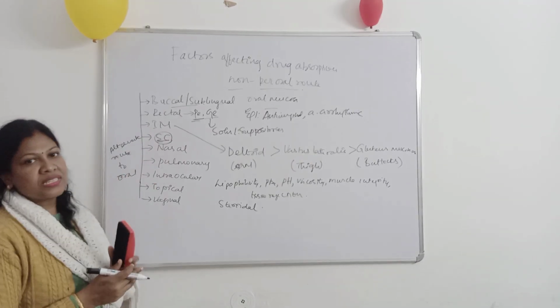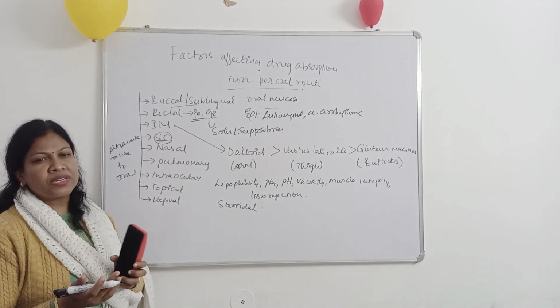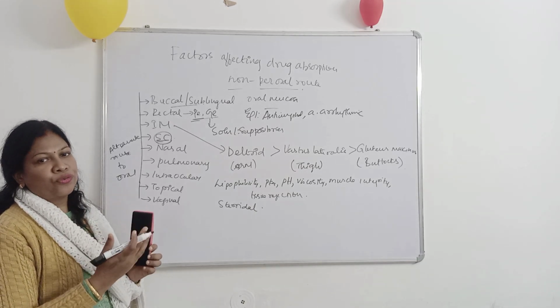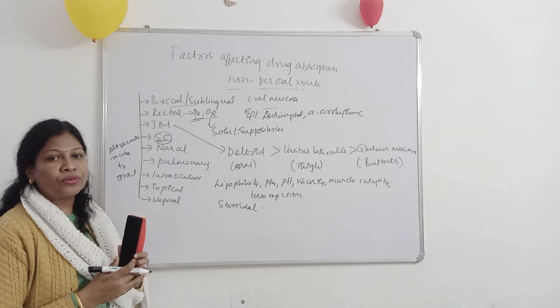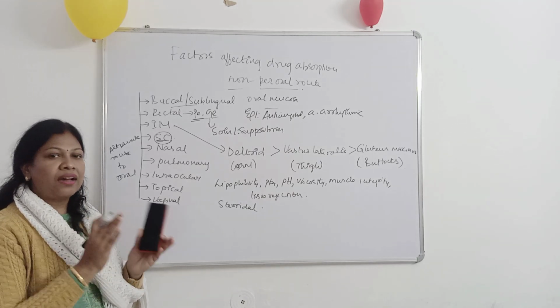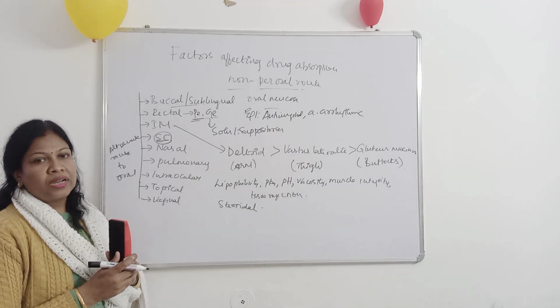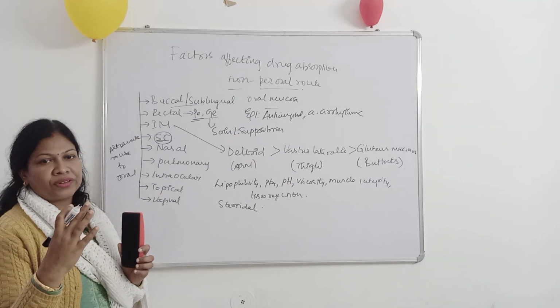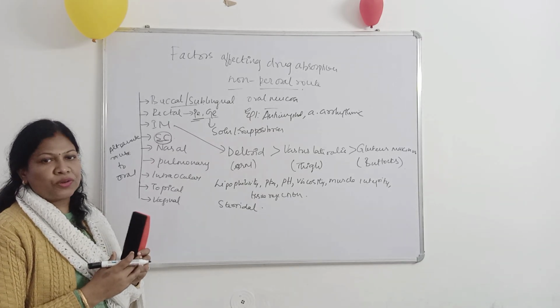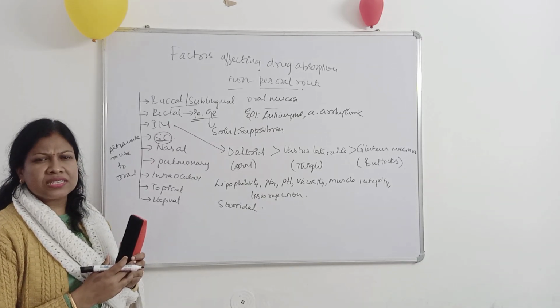The subcutaneous route is preferred when oral absorption is not acceptable, so we go for the alternate route. And also when rapid action is not necessary, it has to be given parenterally, and you have to administer the drug for a chronic period of time, then you go for a subcutaneous route. For example, insulin.